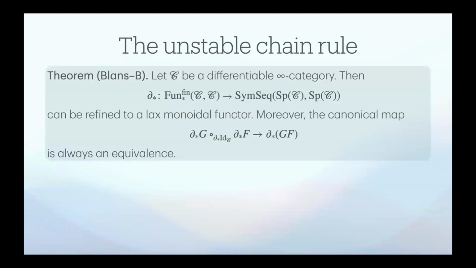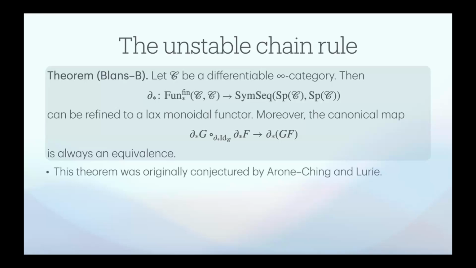We don't obtain a strong monoidal functor because of this failure of the derivatives of the identity to be trivial, but we show that in general one obtains a lax monoidal functor, so the derivatives can be made into a lax monoidal functor with respect to composition of functors on one hand side and the composition product on the other side. And there's a canonical map. If one has this structure, then one always gets a canonical map from this relative composition product to the derivatives of the actual composite, and this is always an equivalence.